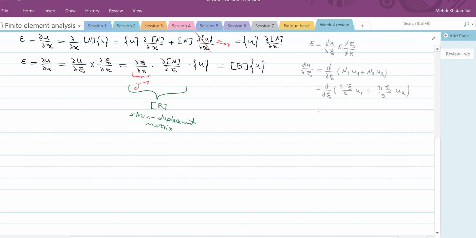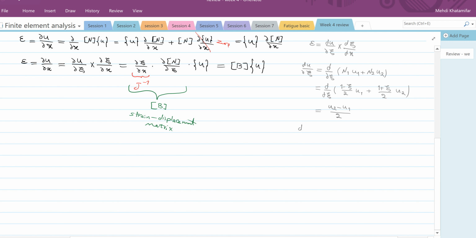So if I find the derivative, this one is going to be -1, this one is going to be +1, so it is going to be u2 minus u1 divided by 2. Done.